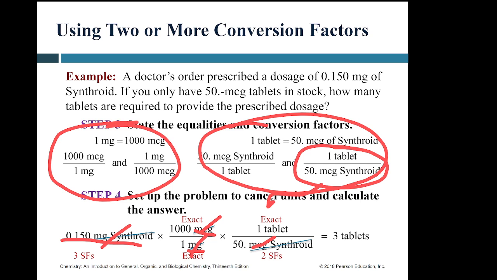Okay? So every single step, you should be canceling out 1 unit and going into something that gets you where you want. Like stoichiometry? This isn't stoichiometry yet. This is typically called something like dimensional analysis, or unit conversions. But it's very, very similar to stoichiometry.